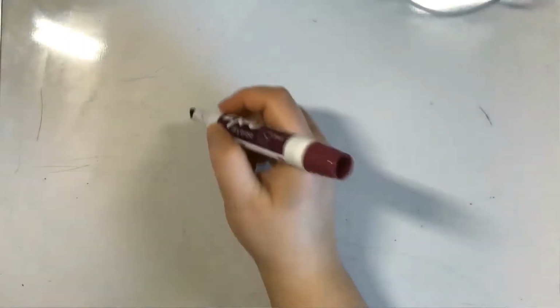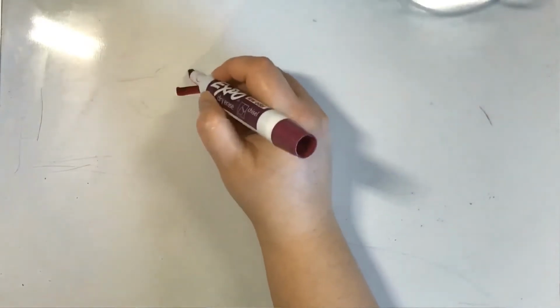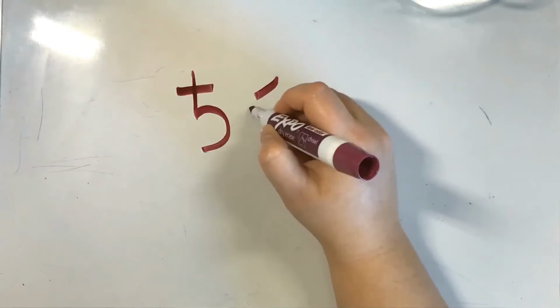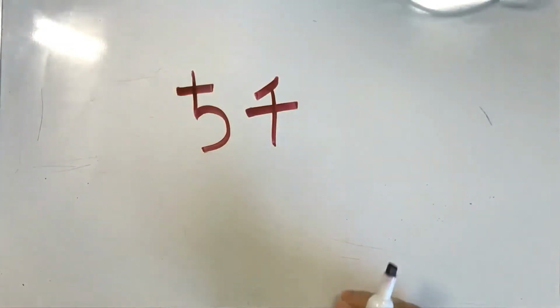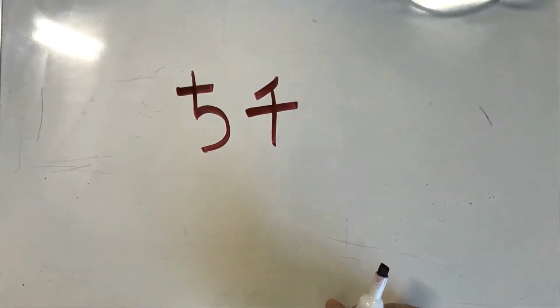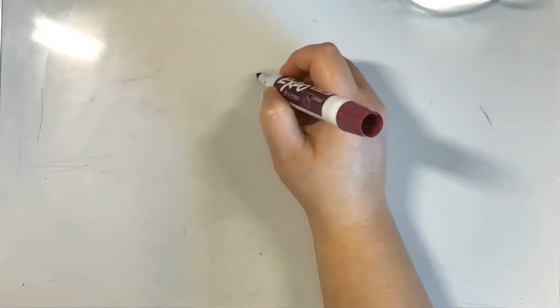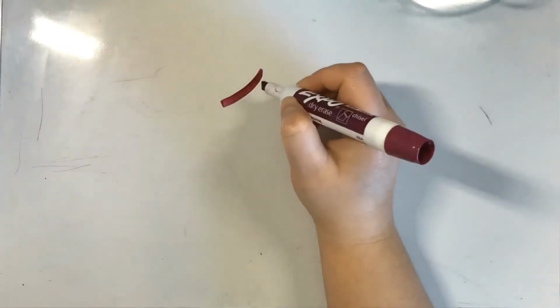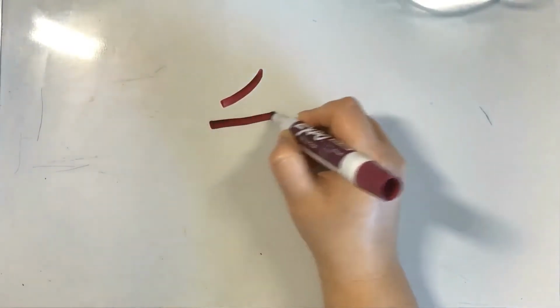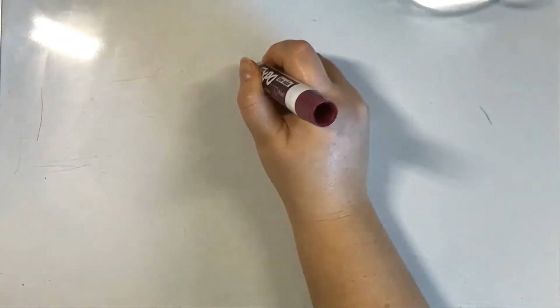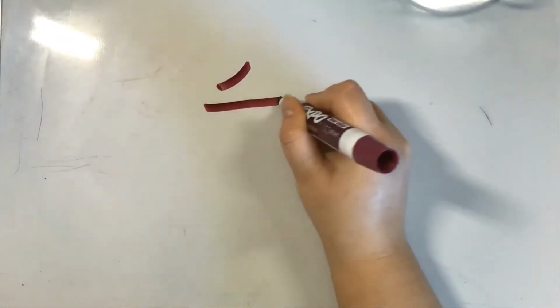Next one is chi. Chi from hiragana, and then chi from katakana. Again, they don't look very similar. For chi, you start at the top, angle down, then do a line going across and a line going through.